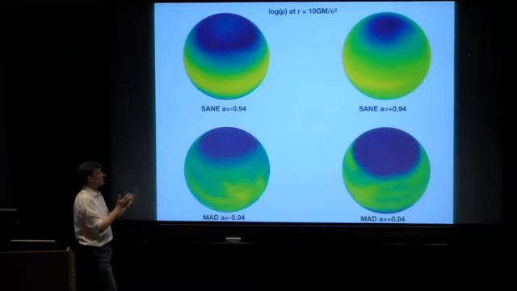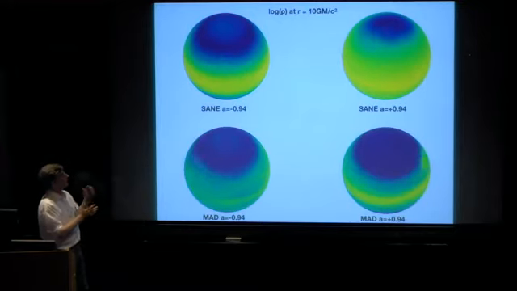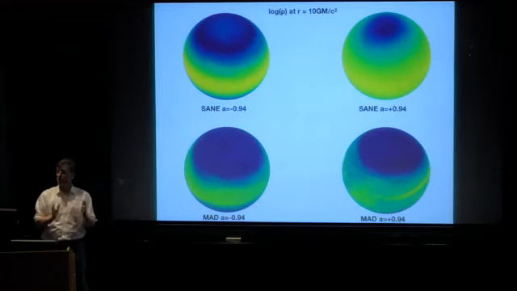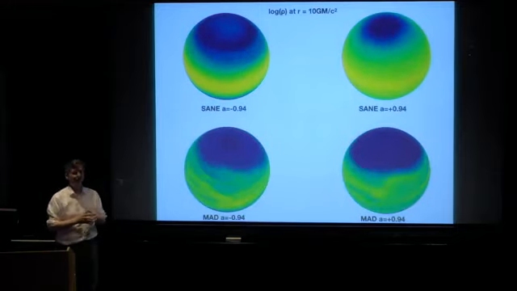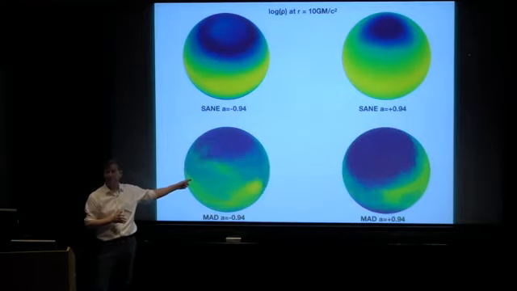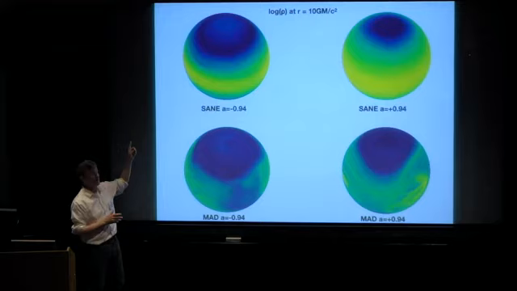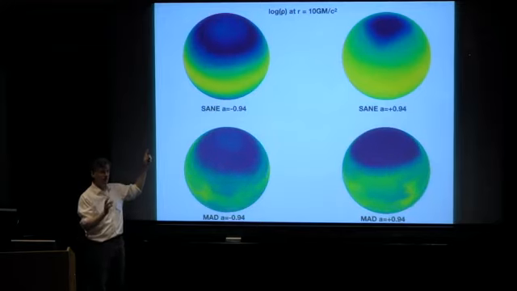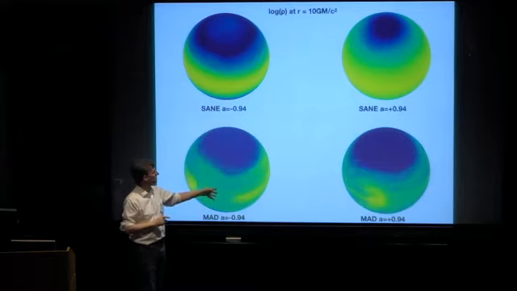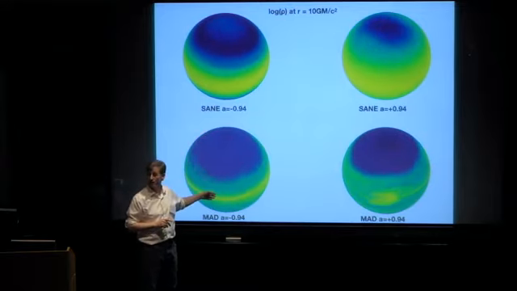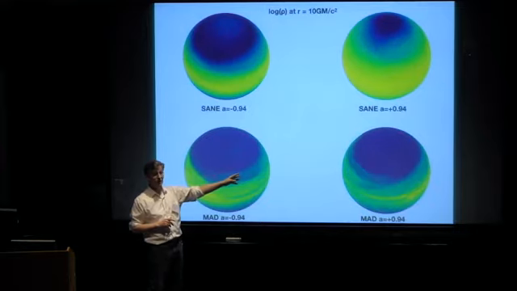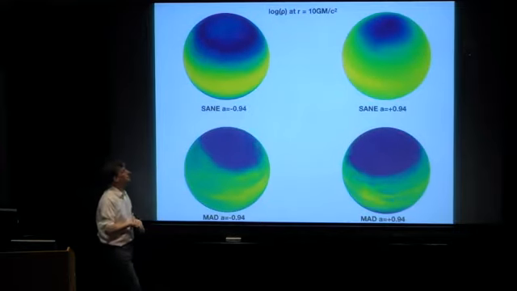And this shows a set of 4 different models, some of which are SANE and some of which are MAD. And so the MAD models have this dimensionless flux of 15, and the SANE models have dimensionless flux around 1. And then the spin of the black holes is either negative, so these are strongly retrograde disks, or positive, so those are strongly prograde disks on the other side.